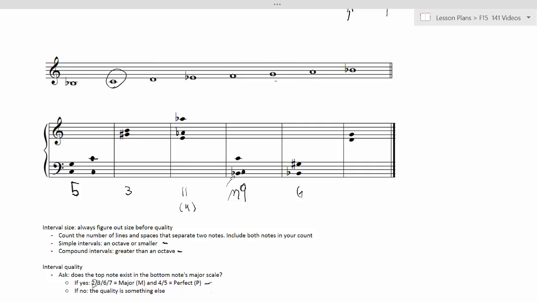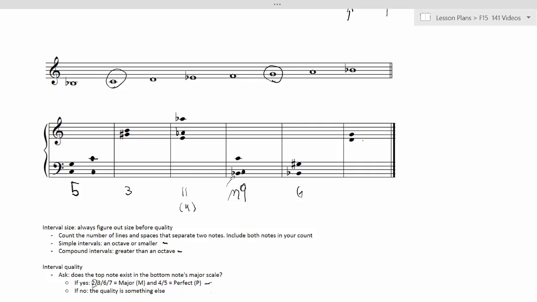I'm going to look up here. Here's G. It's not sharped, so that means G sharp doesn't exist in the B flat major scale. So this is not a major interval, it's something else. And so in my homework, I'm just going to leave it blank in terms of quality. So I'll have the size 6, and I won't worry about the quality for now. We'll learn about those next class.